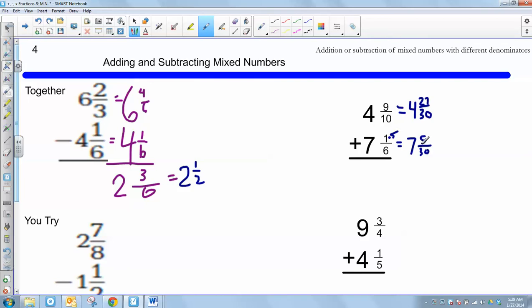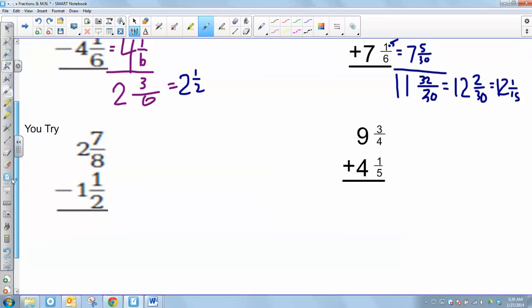So we're going to have 5/30. 27 plus 5 is 32 30ths, and 11 is my whole number. So my final answer is going to be, actually this won't be my final answer yet, but I'm going to have 12 and 2/30ths, which then I will need to reduce to 12 and 1/15. Go ahead and hit pause again and try the you-tries, and I'll be back with the answers.